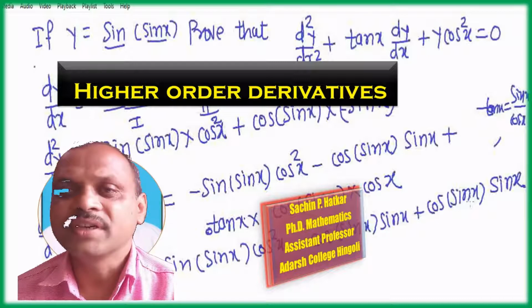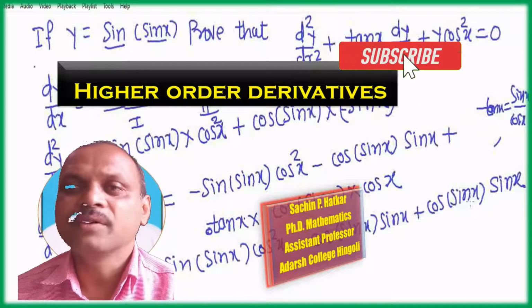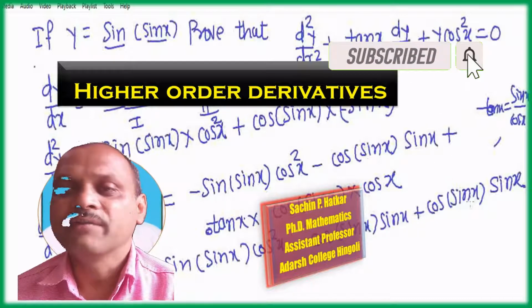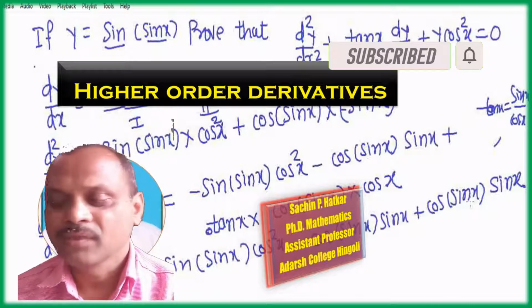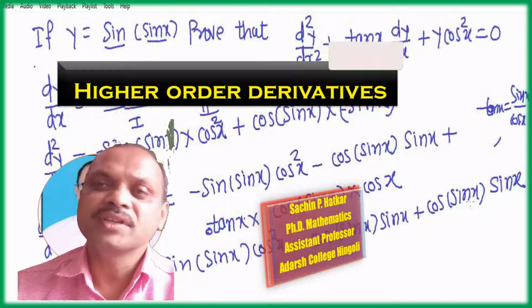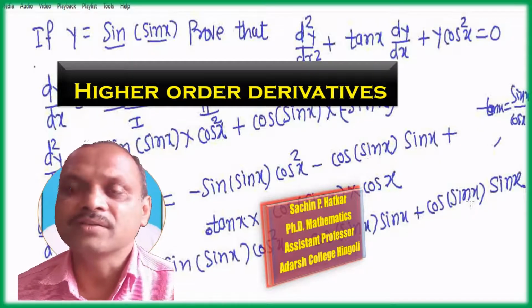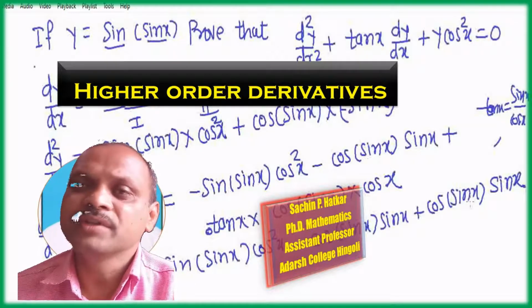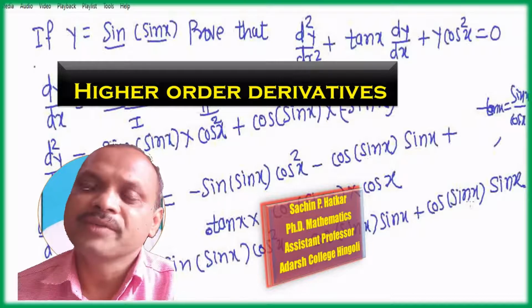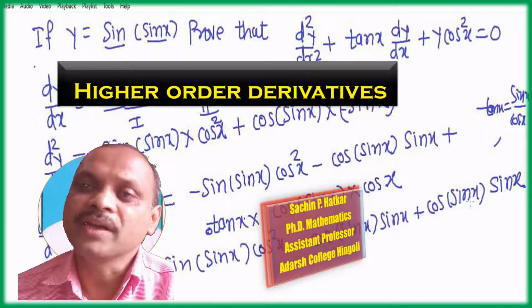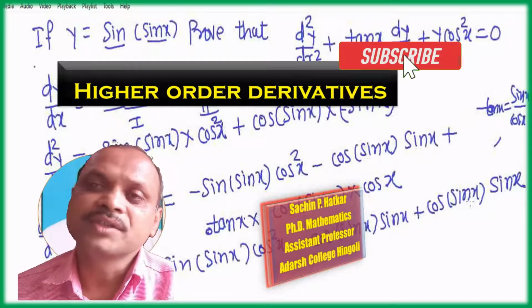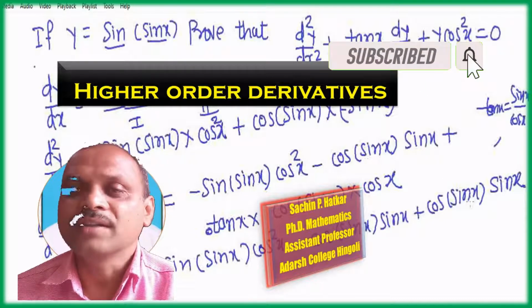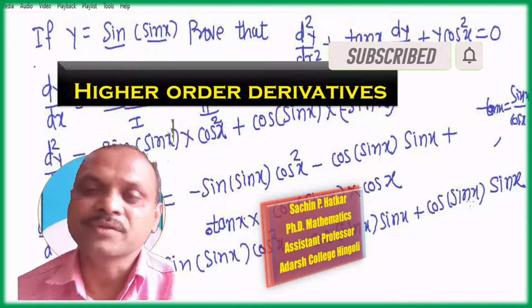When we differentiate a function y equal to f of x, we get dy by dx. Whenever we differentiate this dy by dx once again, we get d2y by dx square. If we continue this process and differentiate n times, we get dny by dx raised to n. So these derivatives are called higher order derivatives.